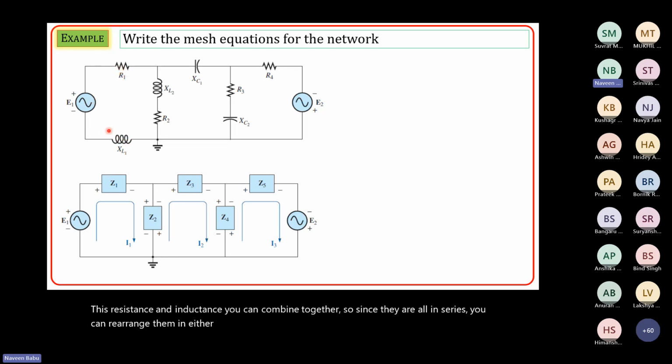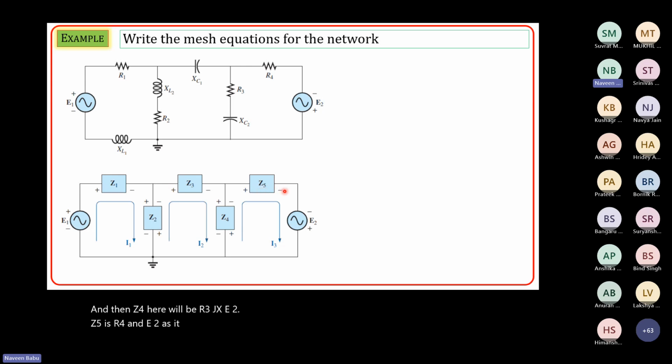So R1 in series with XL1 and then with E1. Z1 here will be R1 plus jXL1. Z2 will be R2 plus jXL2, Z3 will be minus jXC1, Z4 will be R3 minus jXC2, and Z5 is R4 and E2 as it is.